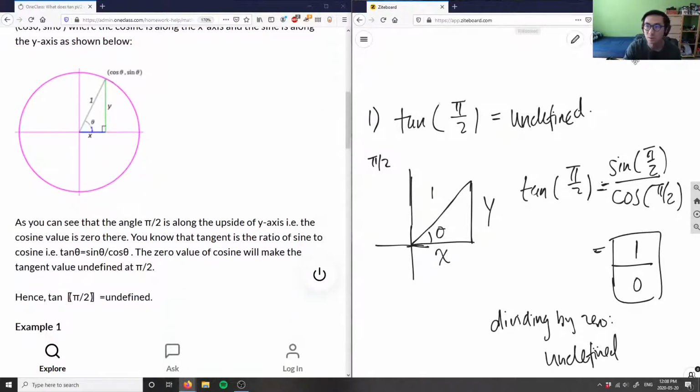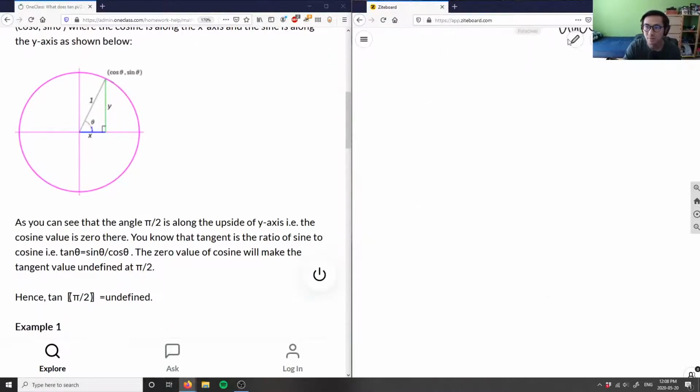We can also solve this problem using a graph. If I were to graph tangent, I can start from 0, then pi over 2, pi, 3 pi over 2, and 2 pi.